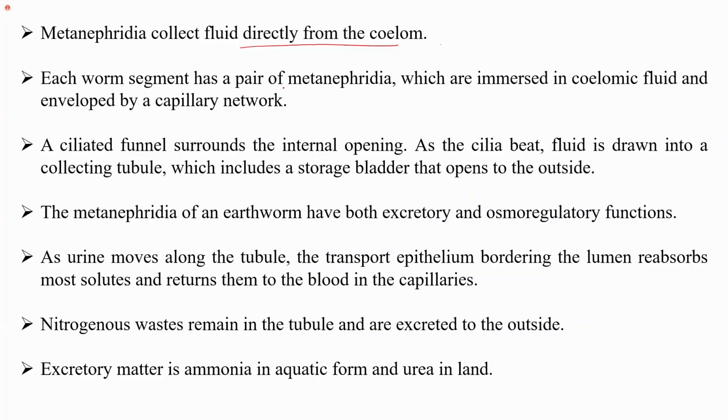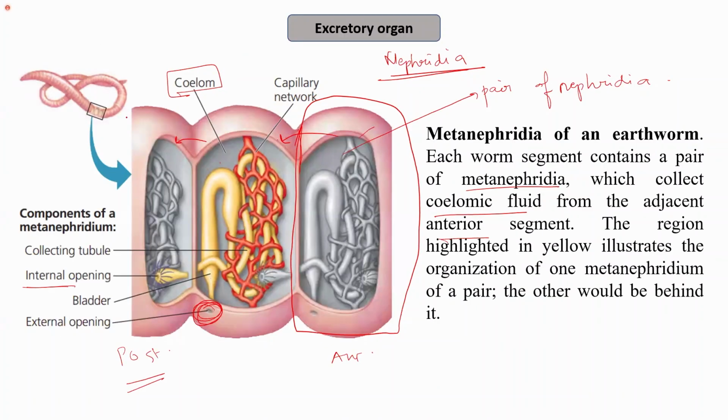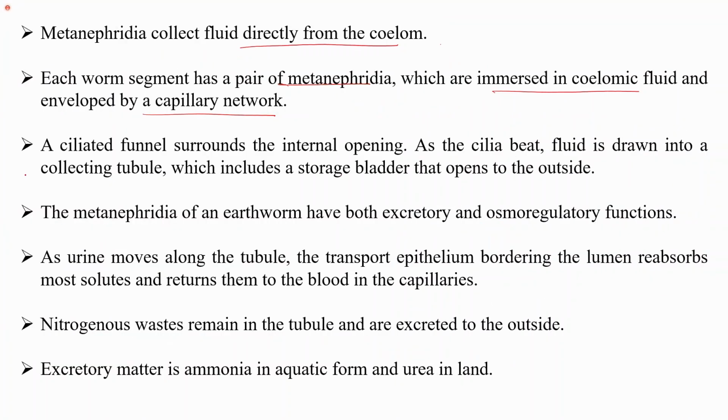Now each worm segment has a pair of metanephridia which are immersed in the coelomic fluid and enveloped by the capillary network. So we see here that the fluid which fills this is the coelomic fluid, right? So basically, the metanephridia are present in the coelomic fluid and are enveloped by a capillary network.